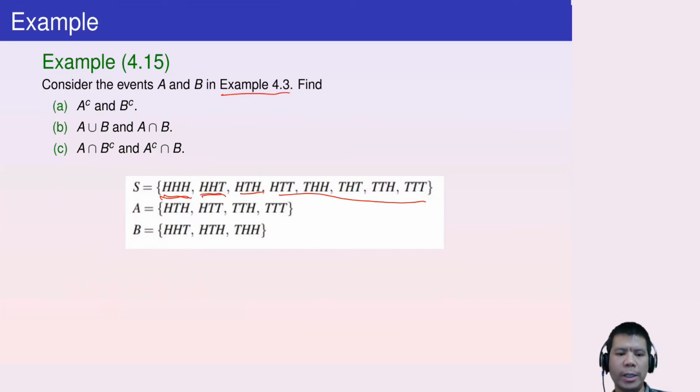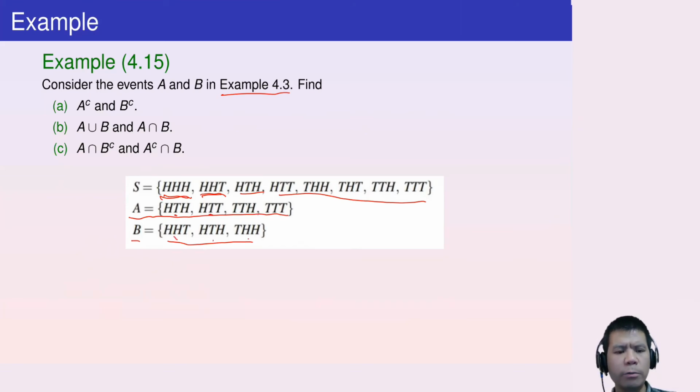A is the event for which the second flip is a tail. Now B is the event that you have 2 heads and 1 tail.